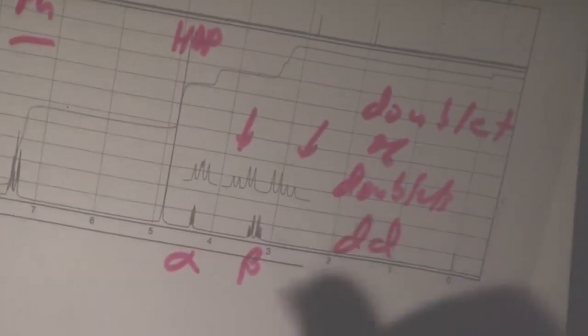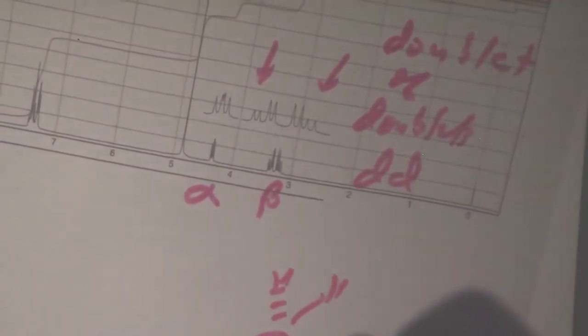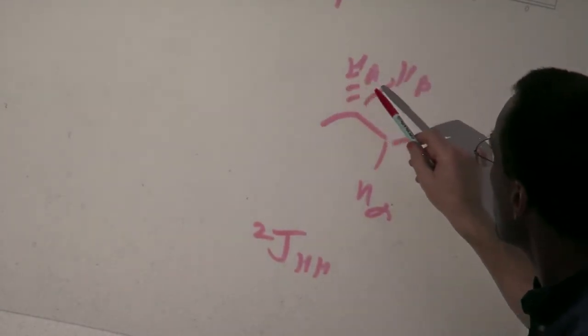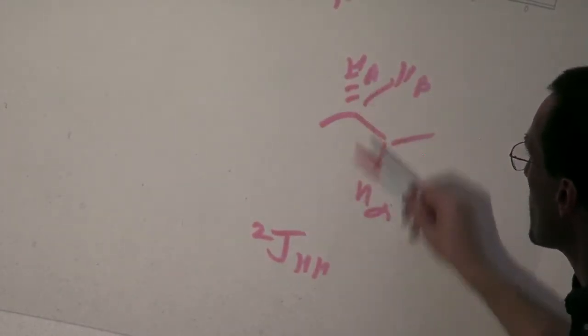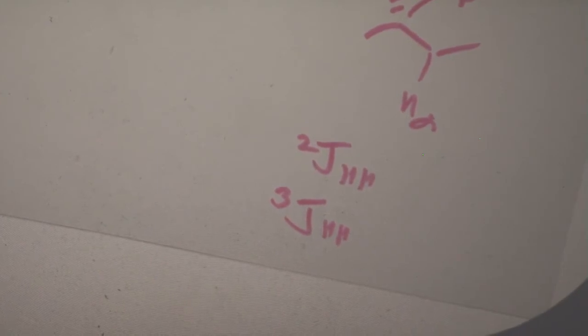Why? Because each of the protons splits the other one and is split by the alpha. So we have both a J2 HH, that's a 2-bond coupling, since you go 1-2 bond to get from these 2 beta protons to each other. And we have a 3-bond coupling between the alpha proton and each of the beta protons.